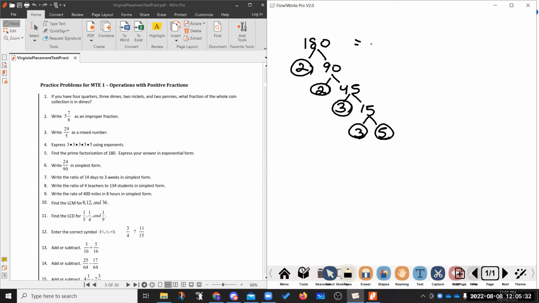So 180 is going to be made up of 2s, 3s, and 5s. There's 2 2s, 2 3s, and only 1 5. I don't need to put an exponent of 1 there.